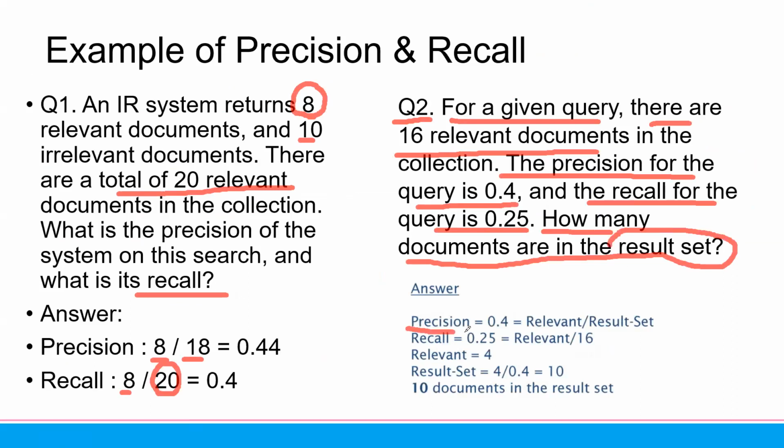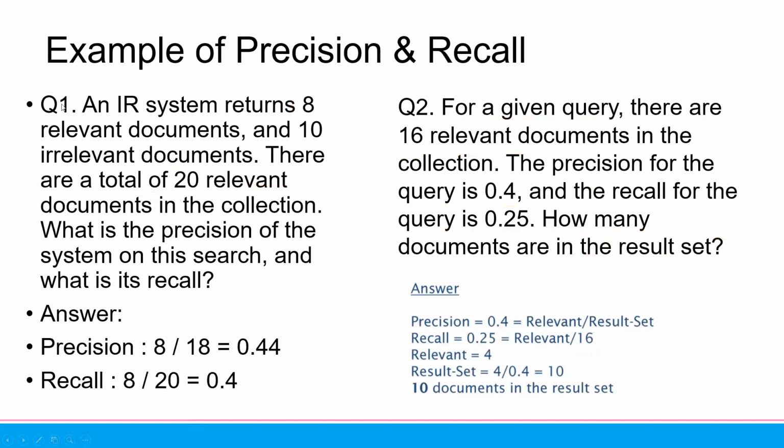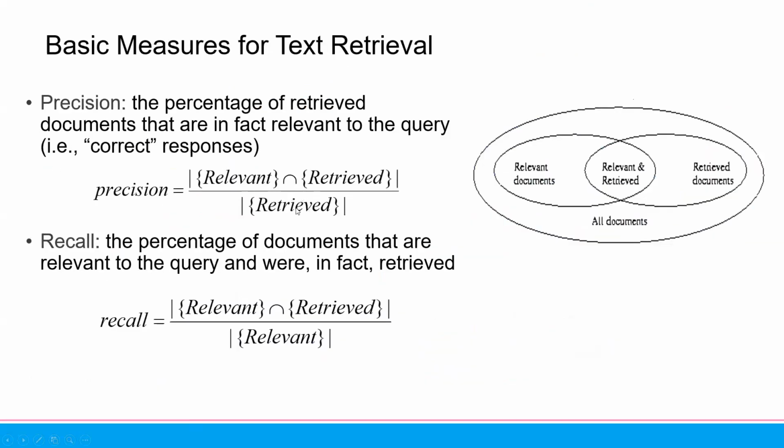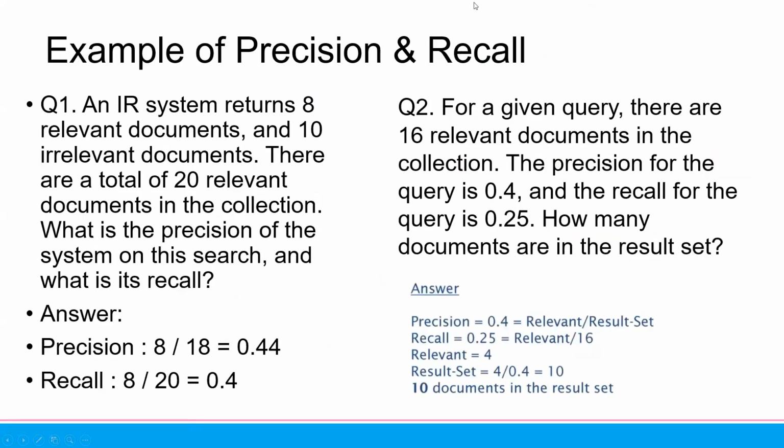We know the precision is the relevant and retrieved divided by the retrieved, or the documents that you obtain. So I can say that is the result set.